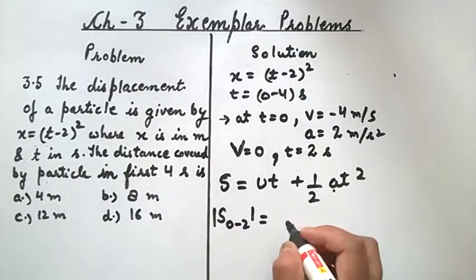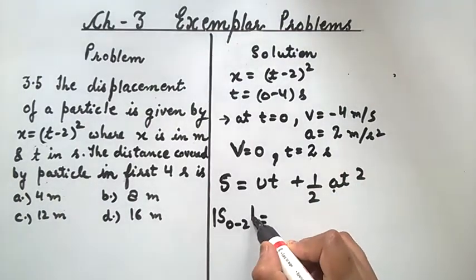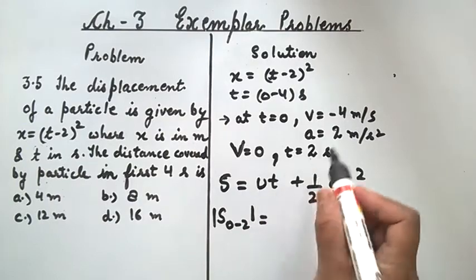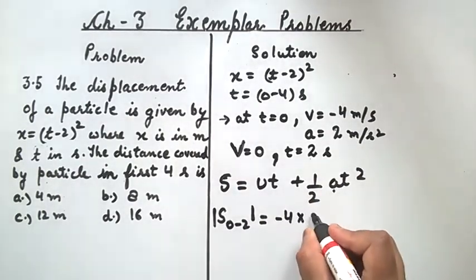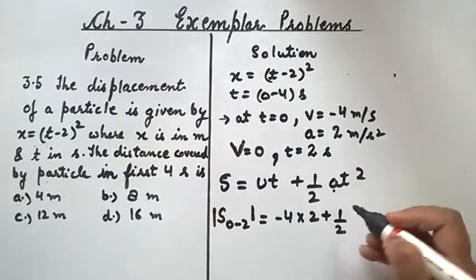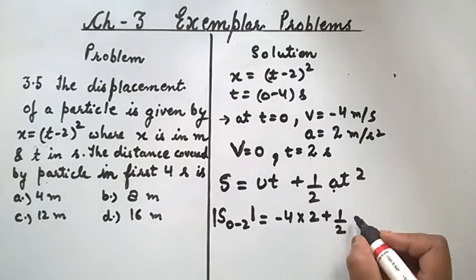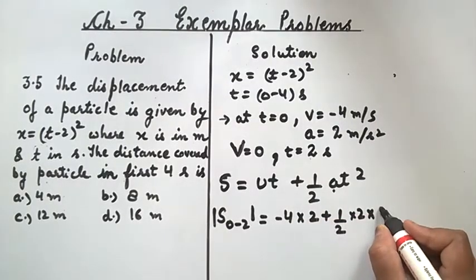When time is equal to 2 seconds, the initial velocity is minus 4, so it is minus 4 into 2 plus half, acceleration is 2, and 2 squared is 4.